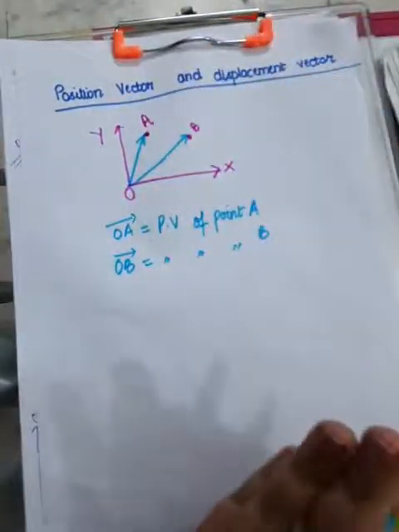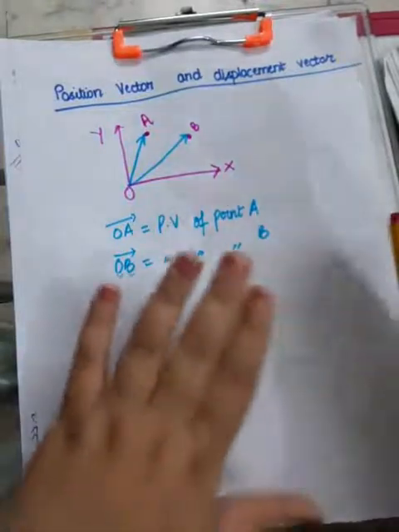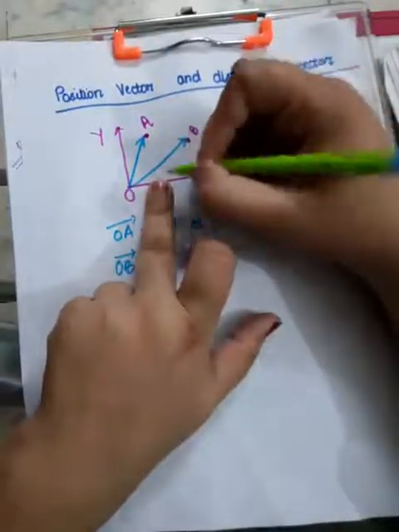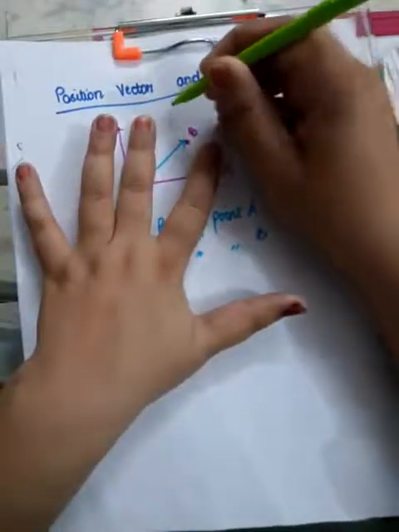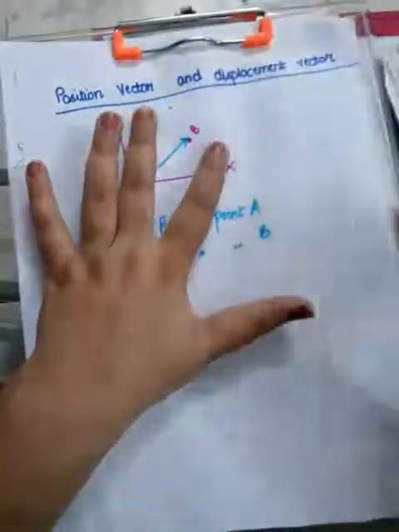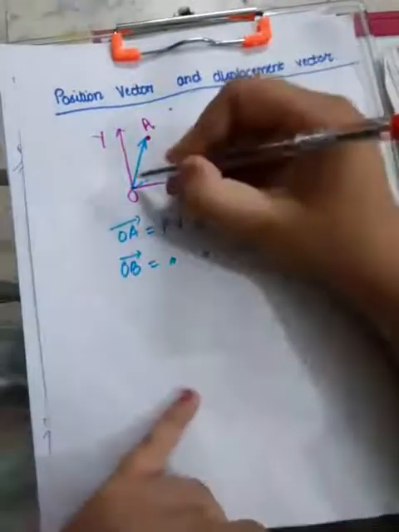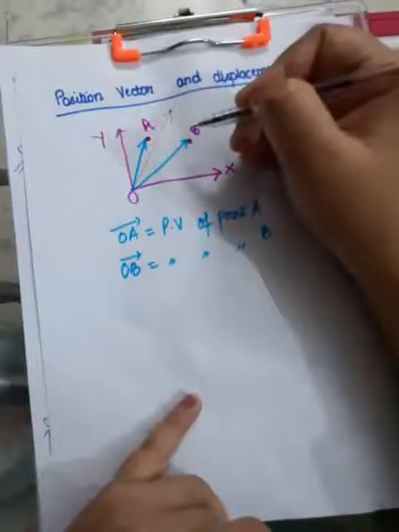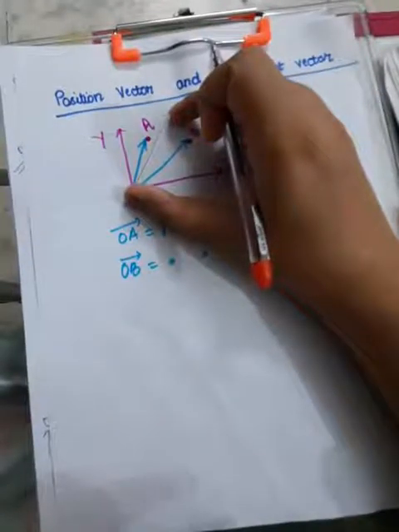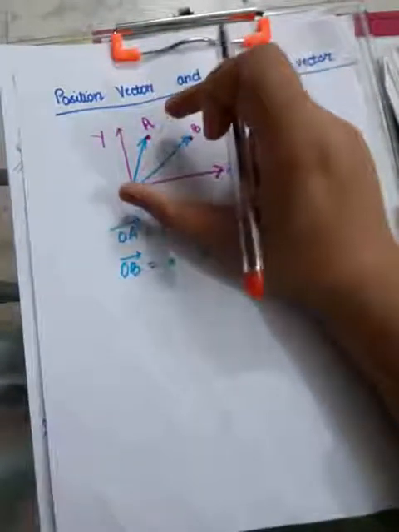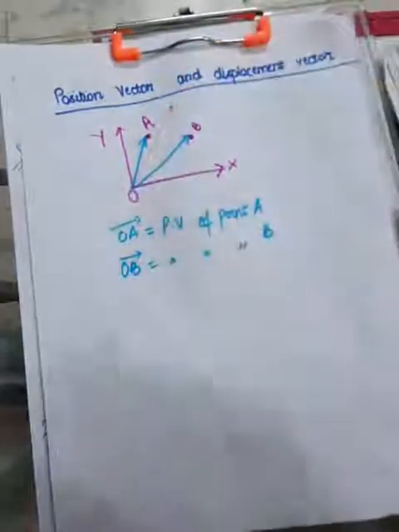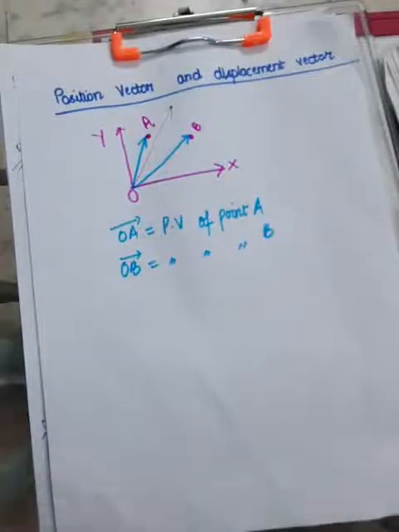Suppose the object under consideration was actually not present at point A, rather point A was somewhere here. So what would have happened? This would be the position vector. This is another direction now and another magnitude now. So yes, position vector actually tells us the position with magnitude and direction.